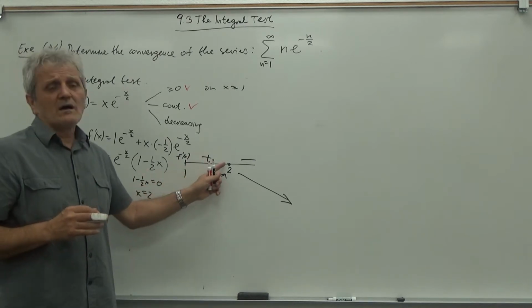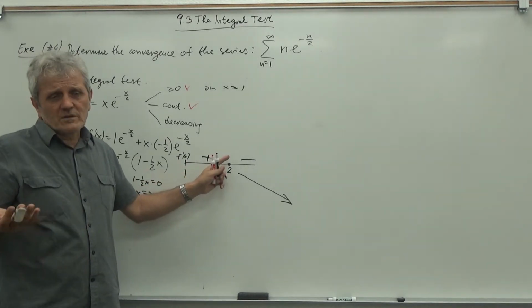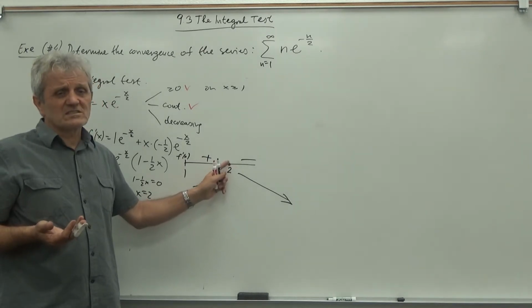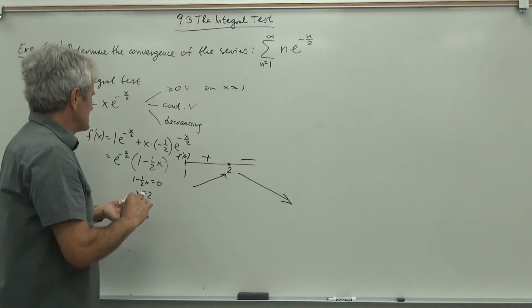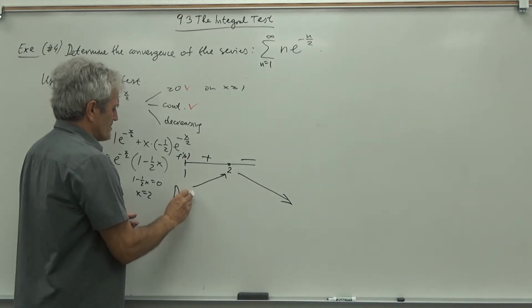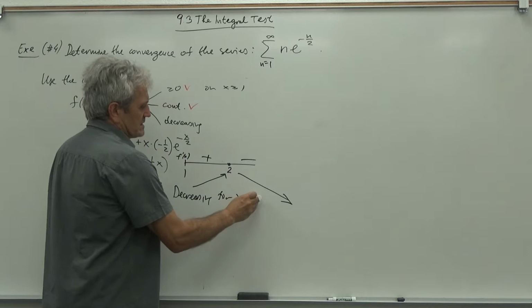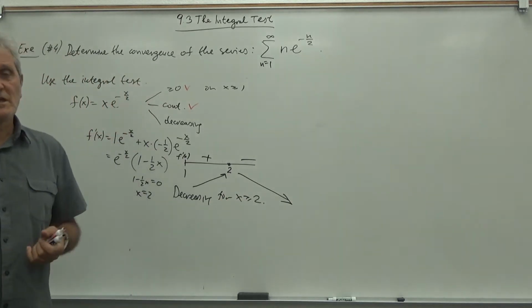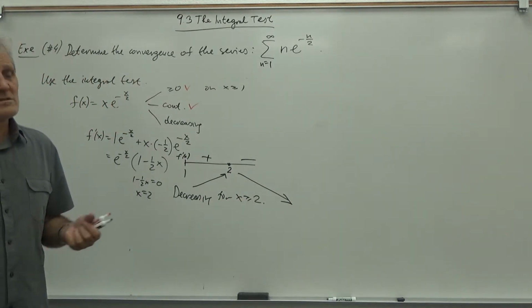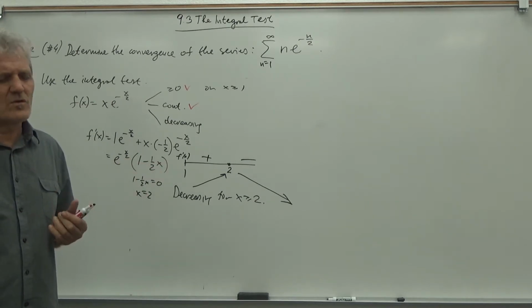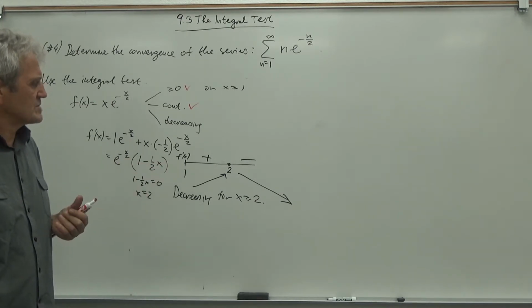Generally, it's good enough, and you can see that from the proof, if it starts decreasing at some point, so decreasing for x greater or equal to 2. Then we can apply the test. How come? Because the first one or two members never affect convergence or divergence.